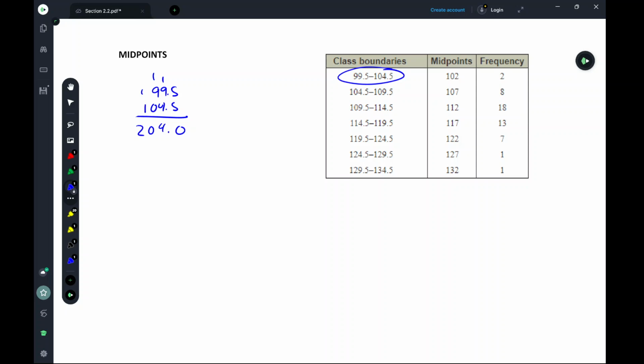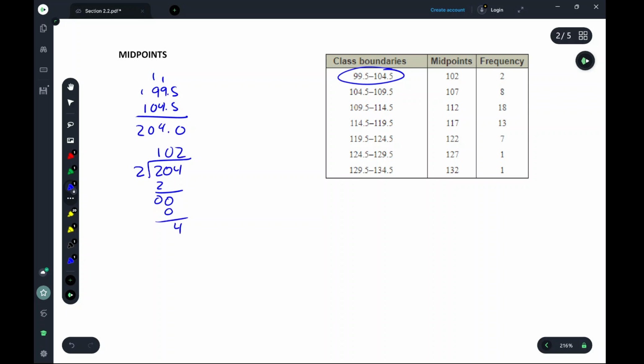And then what are we going to do? We're going to take that 204 and divide it by 2, and that ends up being 102. So my midpoint, look at that, we got what they got, 102. It's halfway between my lower and upper boundaries.